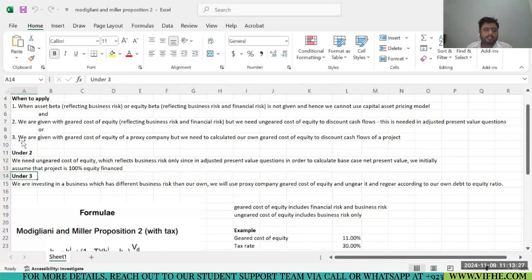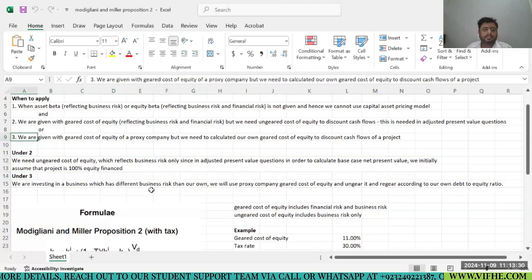Under 3, that is this case, we are investing in a business which is different from our own. We will use the proxy company's geared cost of equity, ungear it and regear it according to our own debt to equity ratio. This is when we apply the formula actually.